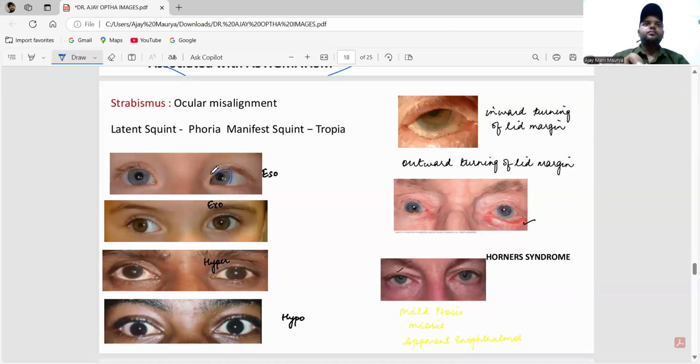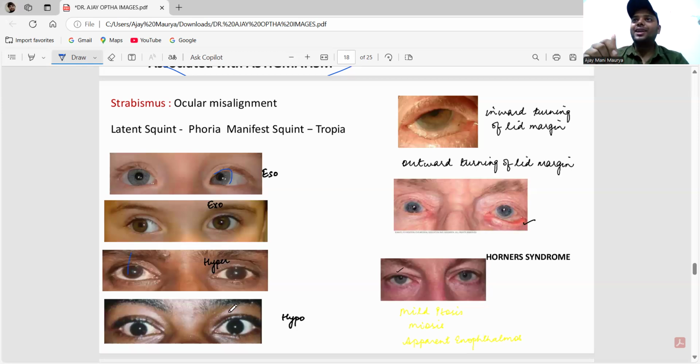It means esotropia. This is exotropia, outside, outward. Eso means inward, exo means outside, outward. One eye is normal, but this eye remains here only. It's exotropia. Hypertropia. One eye is going upside, but one remains here only. This is also hypertropia.